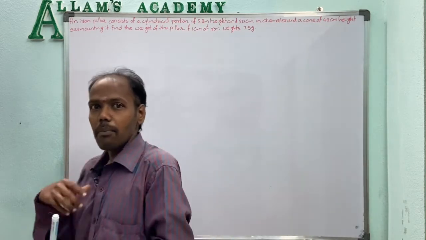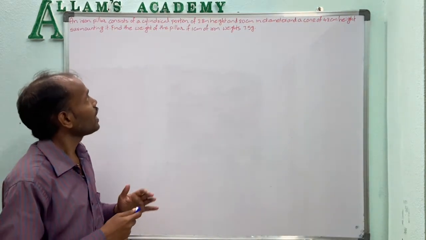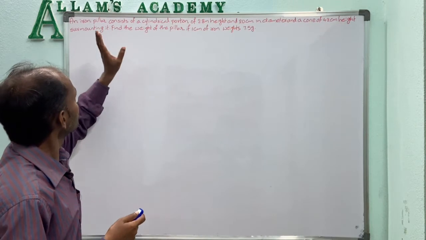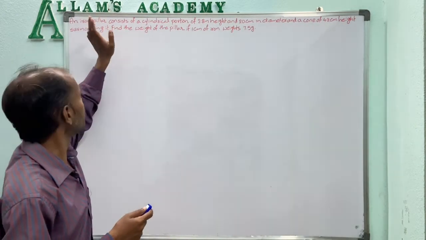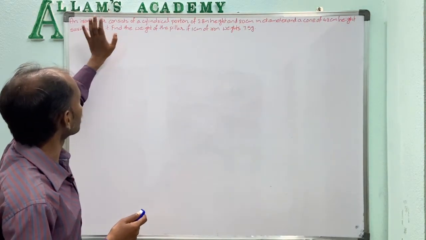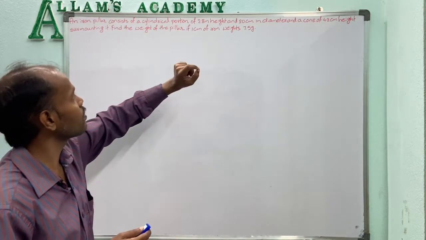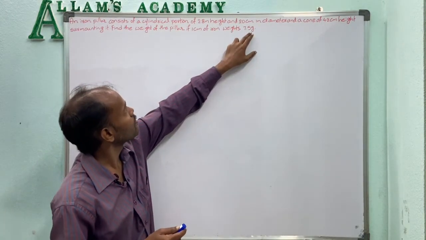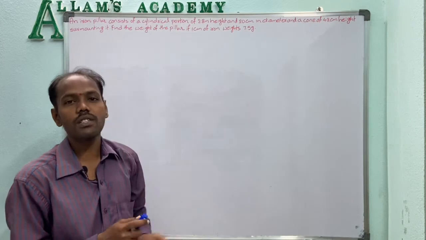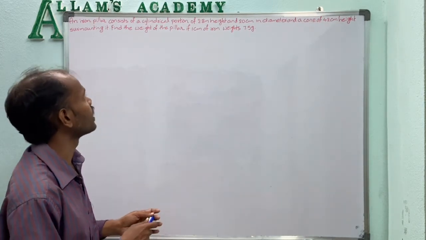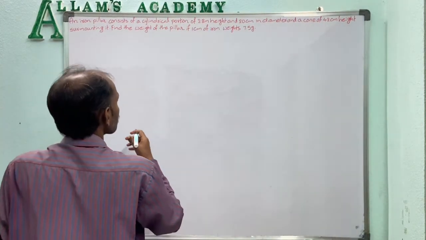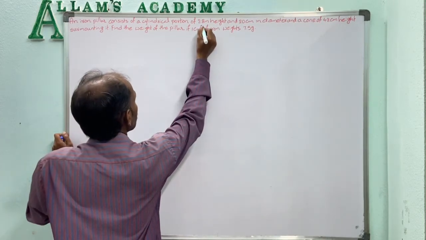From the sum of that, we can find the volume of the iron pillar. Then if 1 gram weight is given for 1 centimeter cube, we can find how many grams in total.